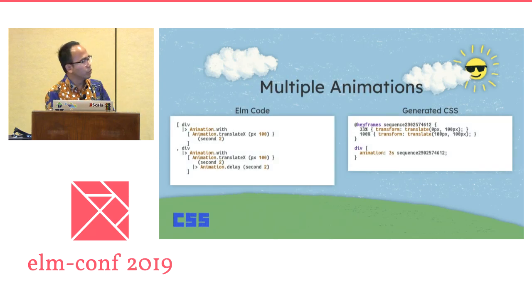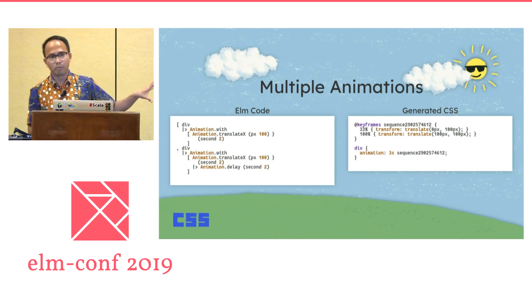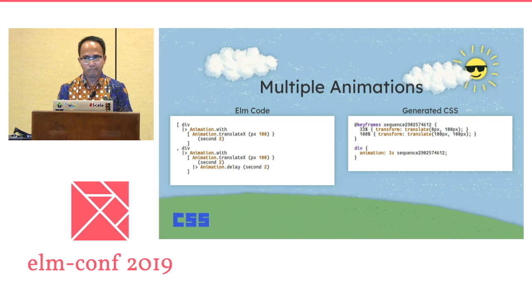Then what happens if you want to do multiple animations again, and you want to coordinate between the two? You can still do that, but now we have this animation.delay. Basically, it's similar to how we do it with the Elm approach, but now it's easier to read, but you still have to manually make sure that the timelines align properly.